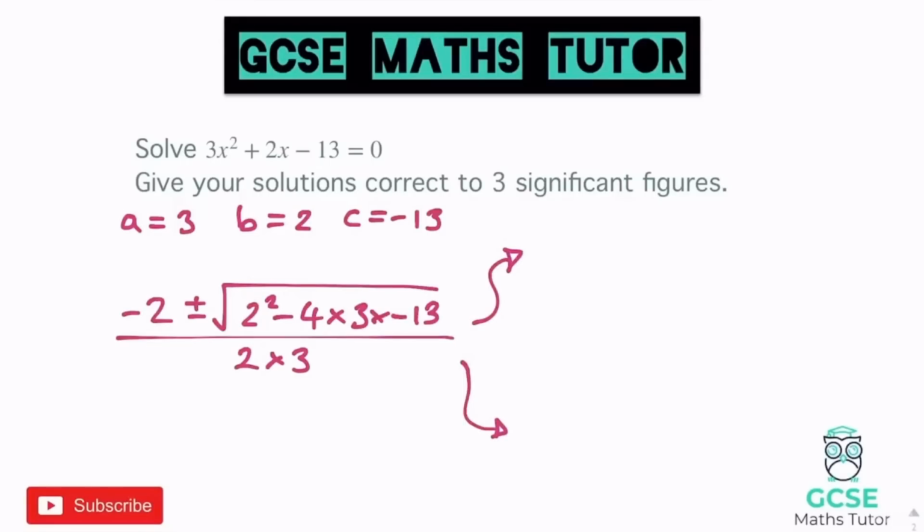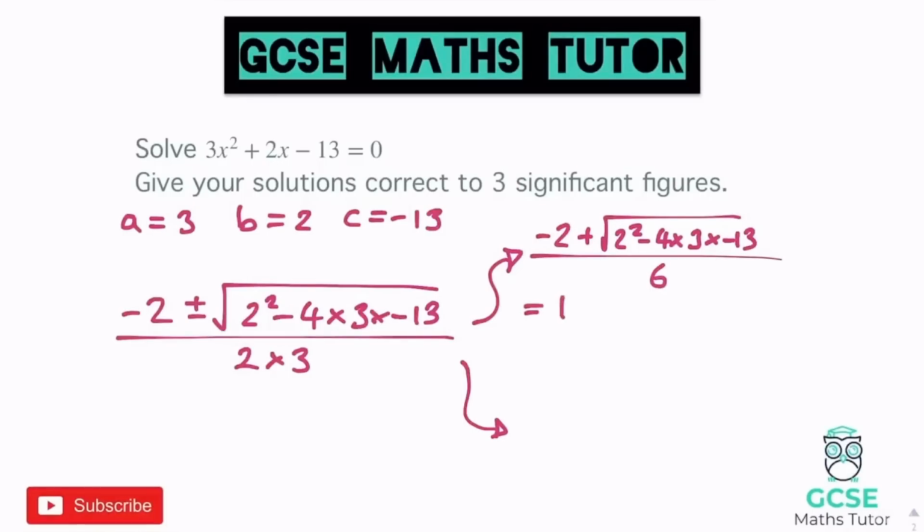So on my calculator screen, I've got -2 plus the square root of, I'm just going to type it in as I see it, 2 squared minus 4 times 3 times -13, all over 6. And again, let's type that in, fraction button, -2 plus the square root of 2 squared minus 4 times 3 times -13 onto the bottom of your fraction, 6 equals, and turn it into a decimal.